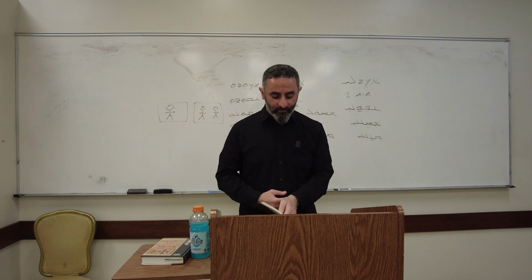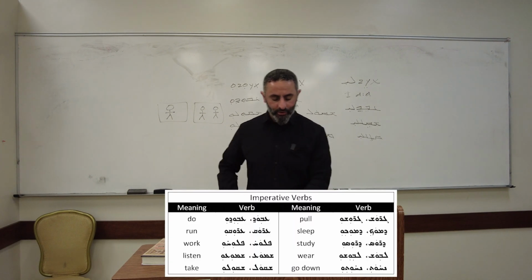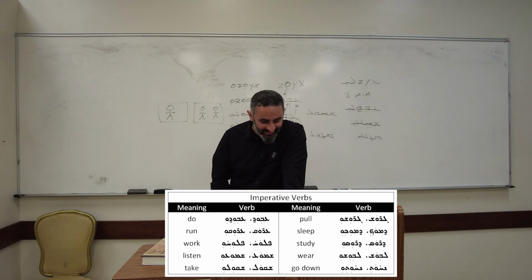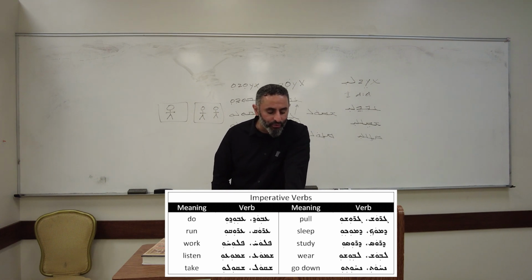So here's some more imperative verbs. Everyone say grosh, grushu. So that's pull, singular and plural. To sleep, which some of you are doing as we speak, dmoch, dmuchu. Steve, we yawned at the perfect time. That was amazing. Dros, drusu. That's what I tell you guys, right? To study. Luosh, luushu.